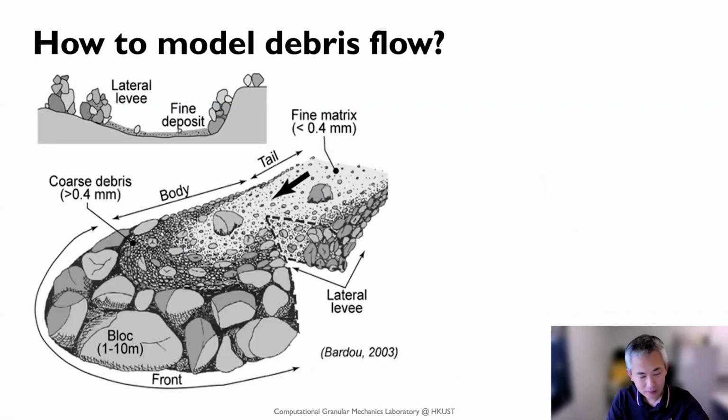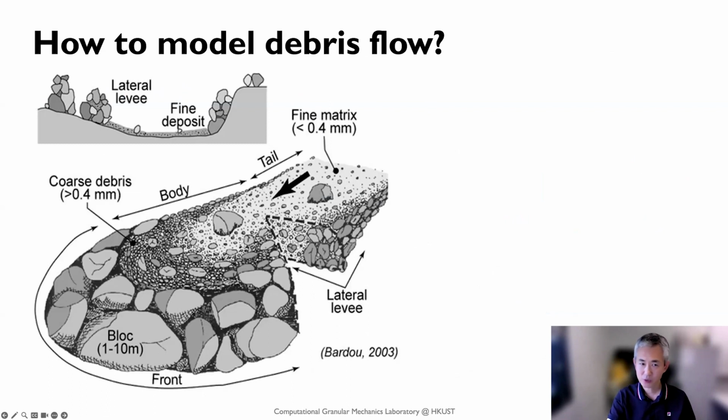Now let's look back at this debris flow, okay? And so this is the typical sketch of the debris flow here. So the debris flow is a complex system, as you can see. You can tell that debris flow involves a large amount of water, which makes it highly mobile, of course.